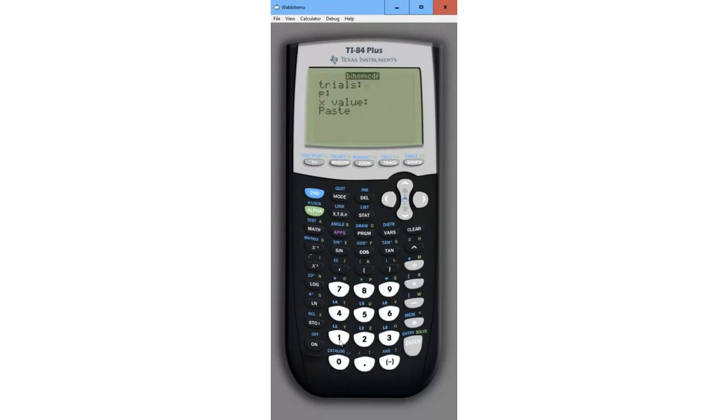Still 15. Probability is still 0.3. That part's the same. For the individual A, B, C, and D, what's changing is just the X values. All right. Now, the way CDF works is it's doing everything from left to right and adding them up for you. But it's only doing left to right.